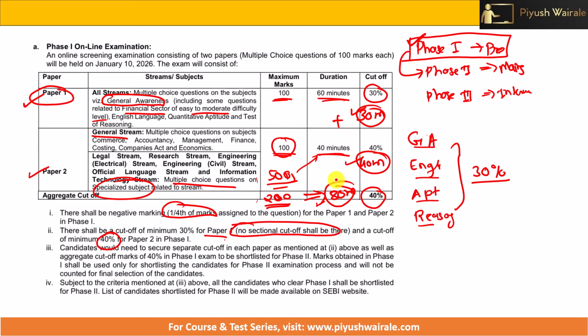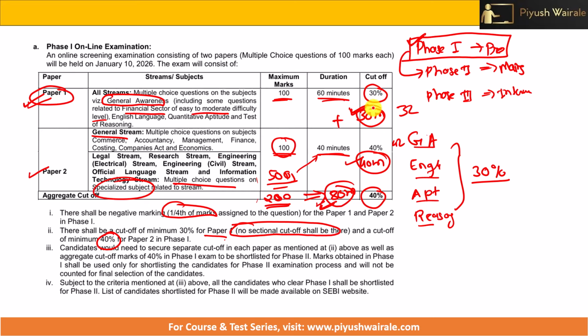It's not that you got 32 here and 42 there, qualifying paper 1 and paper 2 individually, but the total must be above 40%. You can see just 74 is not enough. Together we have to get 80 marks to qualify this particular phase 1. That's it. If you are a hardcore engineer or IT professional, it's a very good chance, because you just need to get 30 marks out of 100. That's it.